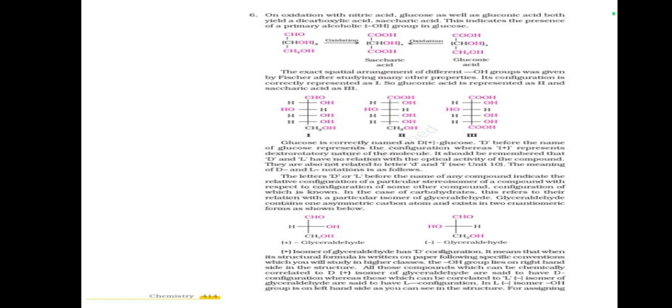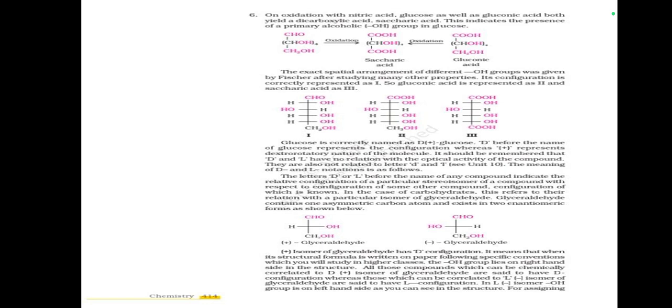The plus isomer of glyceraldehyde has D configuration. It means that when its structural formula is written on paper following specific conventions, which you will study in higher classes, the OH group lies on the right hand side in the structure.